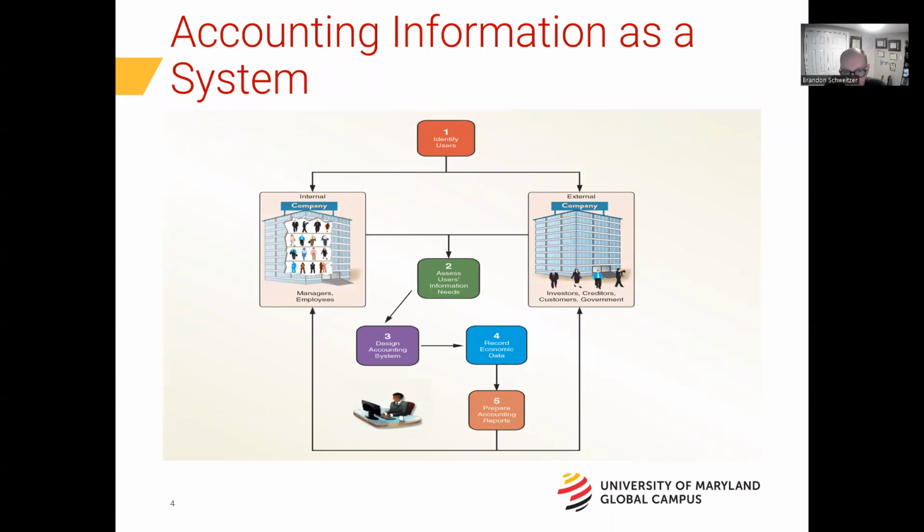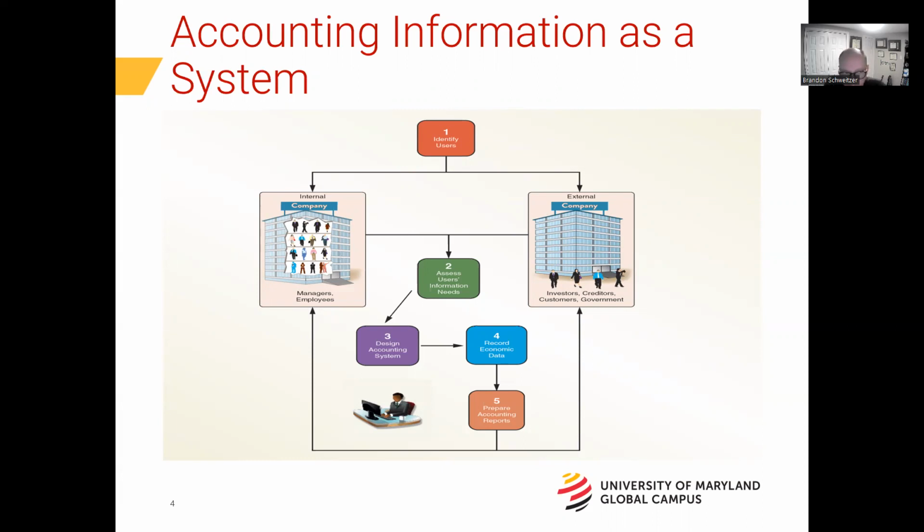This diagram shows the 5 steps to developing an accounting information system that we just talked about, and it shows the cyclical nature of the system. And of course, the first and foremost thing we do is identify the users. And users could be users within the company and outside the company.